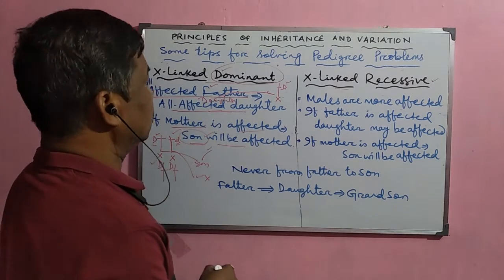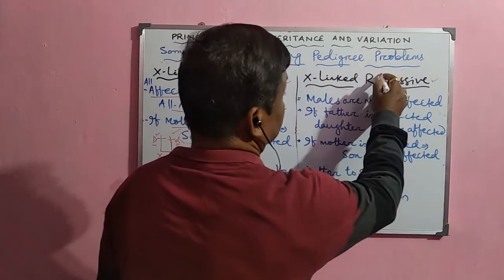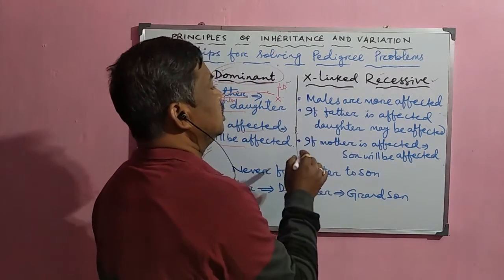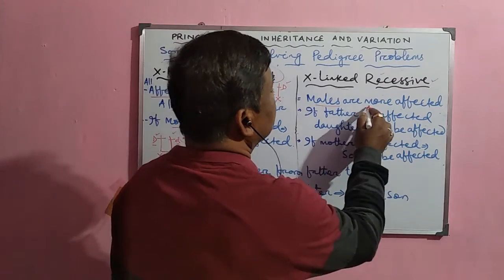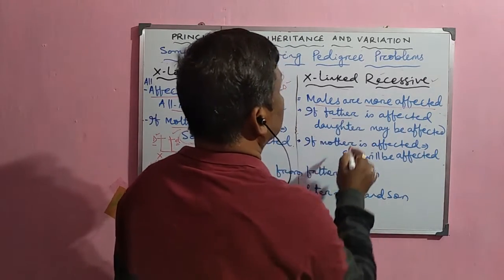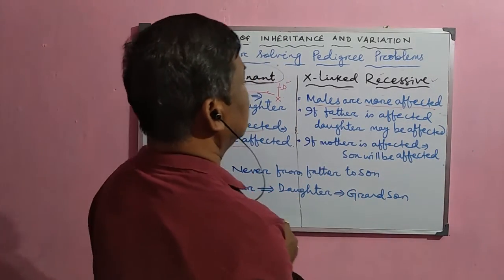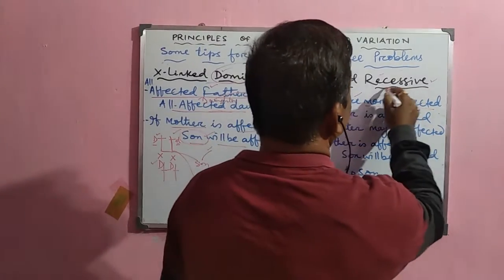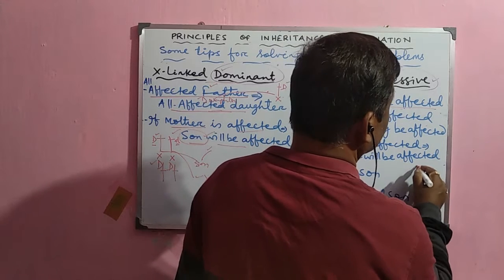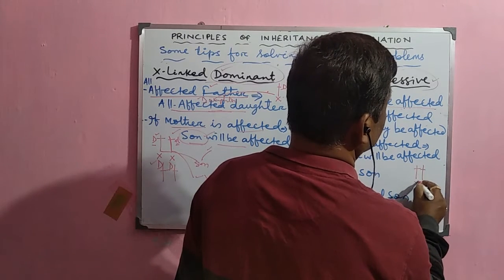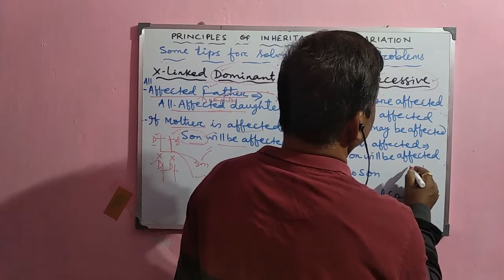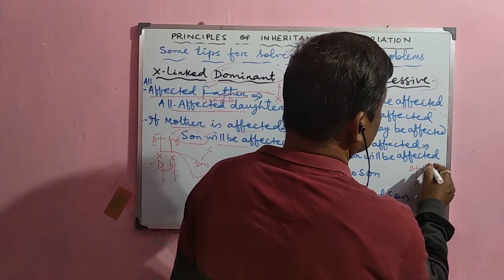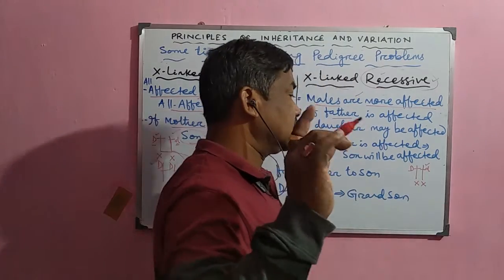Now, in the case of a recessive gene, if it is sex-linked or allosomal but in the recessive form, then males are more affected than females. Now, why are males more affected? Because it is a recessive form, and normally a female has two X chromosomes, so if one is dominant and another is recessive, it is not expressed but she is a carrier.